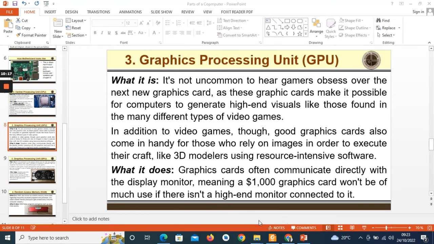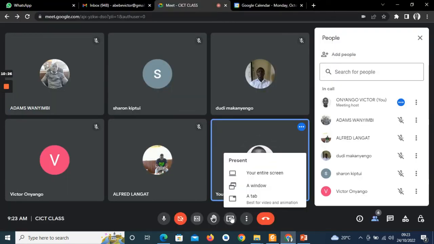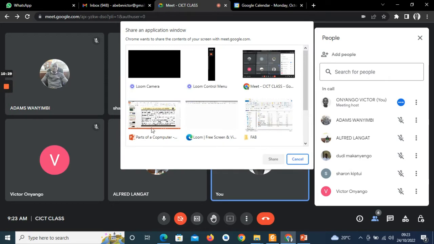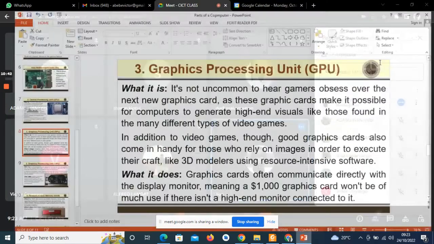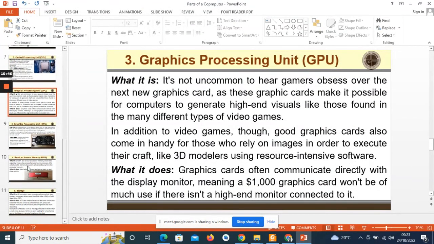Are you able to see my screen, Langat? Somebody seeing my screen? Anyway, let us just complete the last one, that is the random access memory.